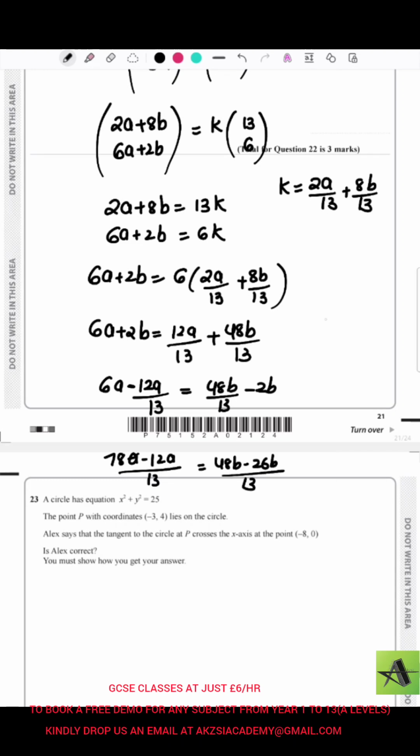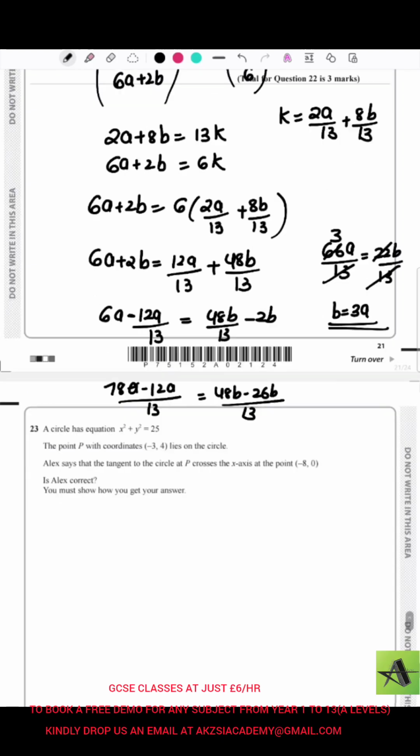That will give you 66a over 13 equals 22b over 13. Cancelling out 13 and 13, 22 times 3. So b equals 3a. That's your final answer. Moving on to question number 23.